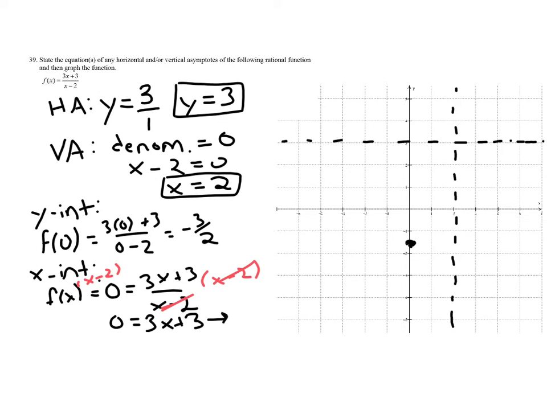If you solve that equation, you subtract 3 from both sides and then divide by positive 3, and you wind up with x equals negative 1. So we have an intercept on the x-axis at negative 1, and that's the only place where the graph touches the x-axis. That information is also useful in drawing the graph.